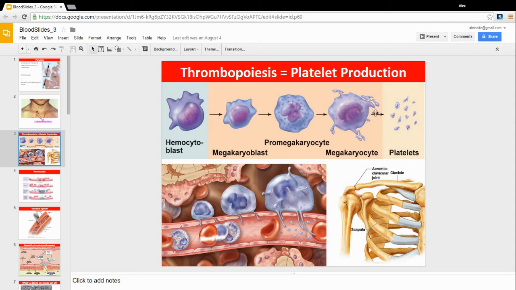And little pieces break off of it, and those little pieces are platelets. So platelets aren't real cells. They're fragments. They are anucleate. They don't have nuclei. They don't have organelles. Down here we see a picture of the red bone marrow. Here is a megakaryocyte. He is sticking little arms into the bloodstream, and the force of the bloodstream shears off the little pieces of platelets.